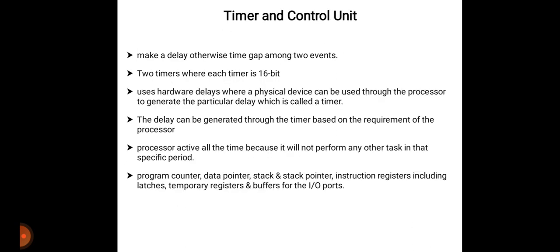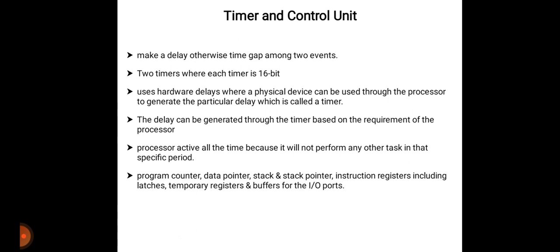The next unit is the timer and control unit. In this unit, the main function of a timer is to make a delay. Suppose we have to give a delay of 3000 milliseconds, then we perform this operation by using this unit. The delay is the time gap between 2 events. The microcontroller includes 2 timers, where each timer is 16 bits, and the system can generate 2 delays concurrently.